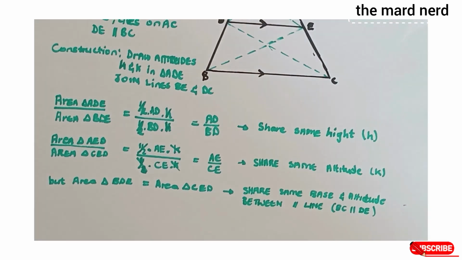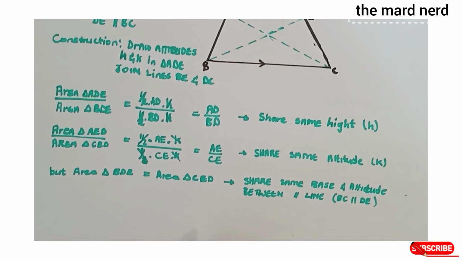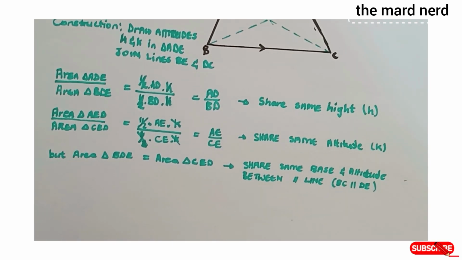So now we've got that, and since we were proving the proportionality, we can say the area of triangle ADE over the area of triangle BDE is equal to the area of triangle AED over the area of triangle CED.